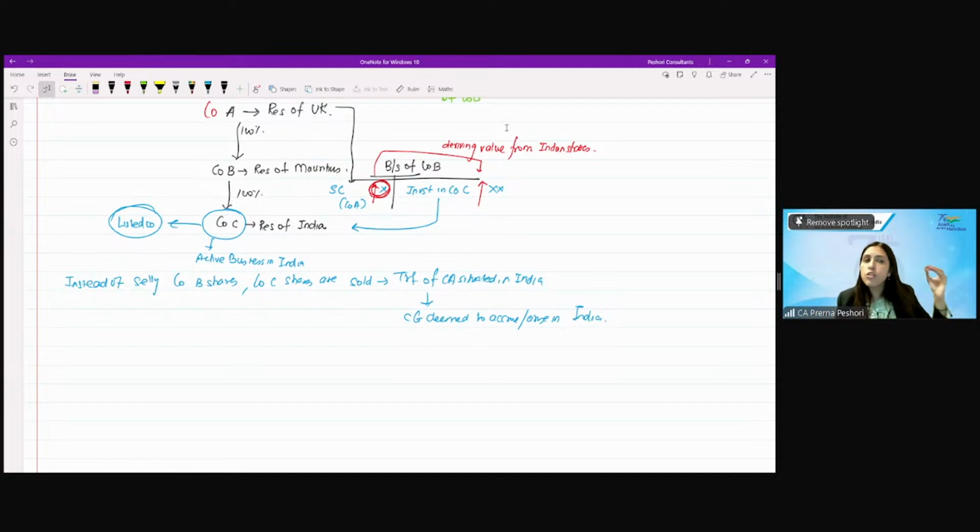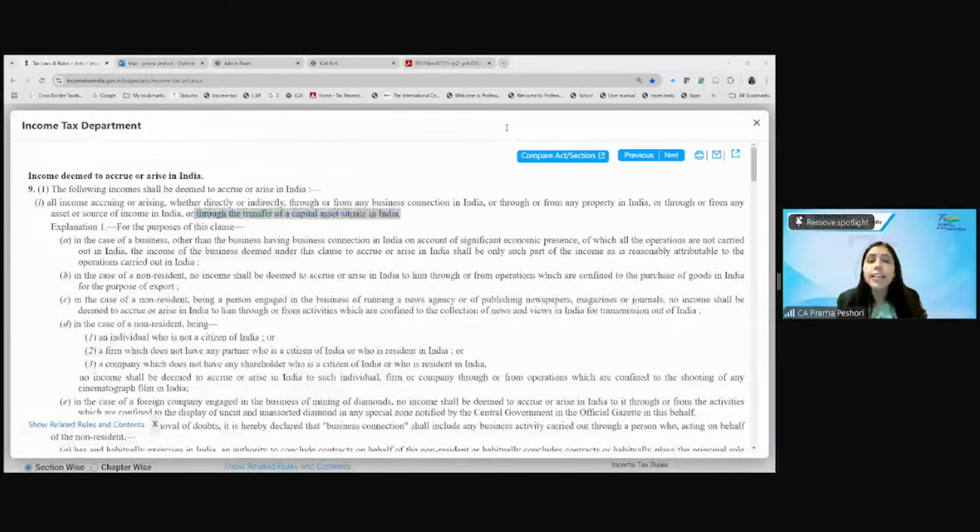The Supreme Court gave the judgment in favor of Hutch. They said the Act is pretty clear. It says only when there is a transfer of a capital asset situated in India, only then India can tax it. Is there a transfer of a capital asset situated in India? The answer is no. Shares of the Mauritius company are situated in Mauritius.